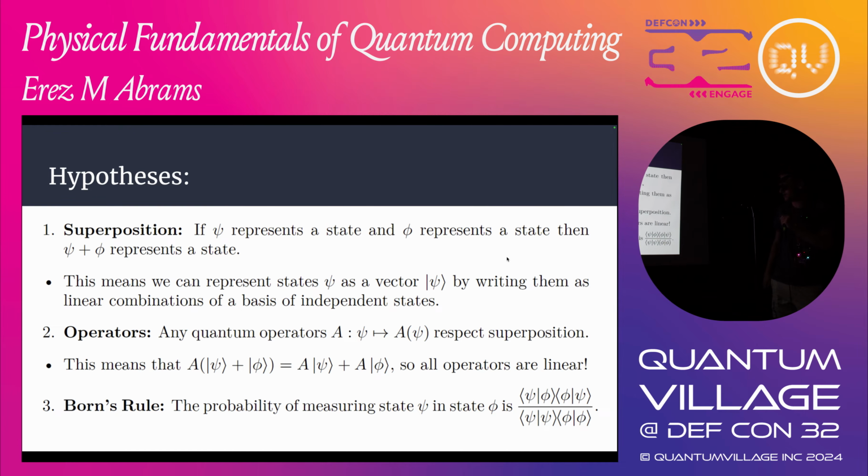The question was that the denominator in the measurement is 100% probabilities. I'm not sure I understand what that question is. Yeah, this is the probability of measuring psi in phi.